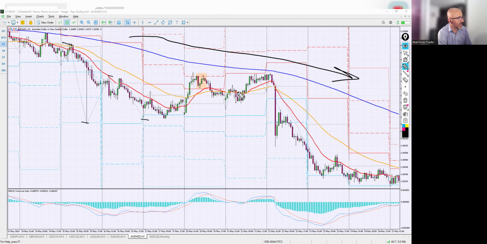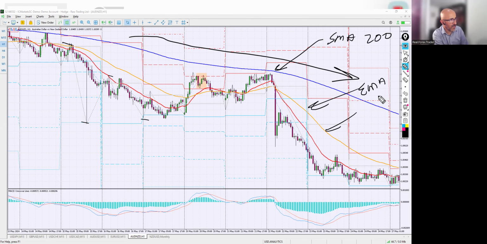However, it's not that clear, but somehow my SMA 200 and my EMAs, in this case 50 and 18, show me that in fact the trend is coming down, right?